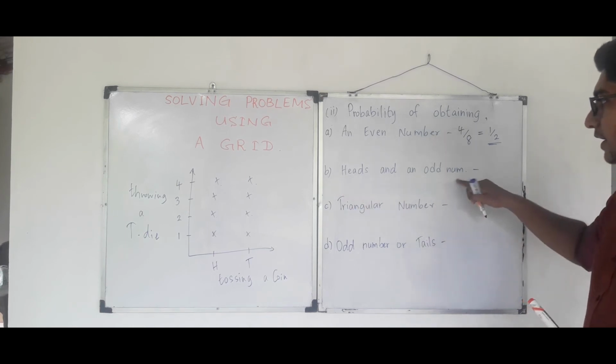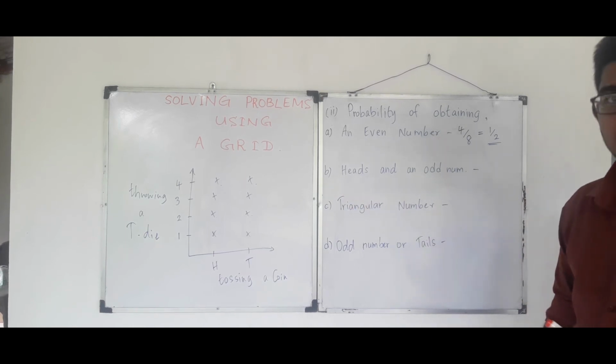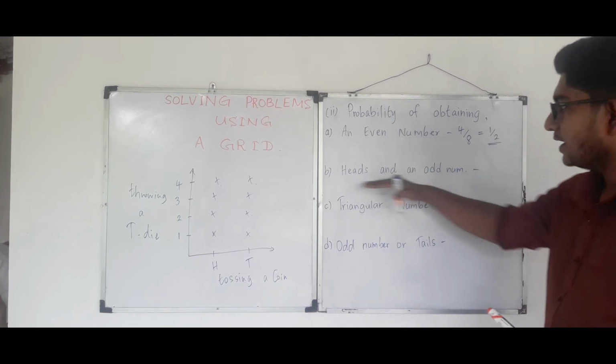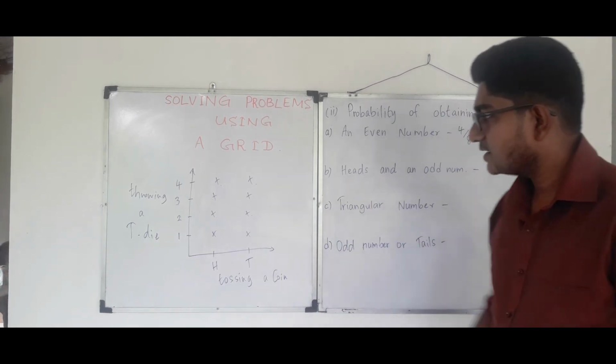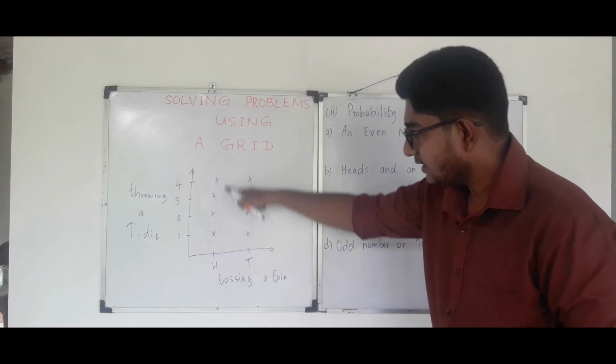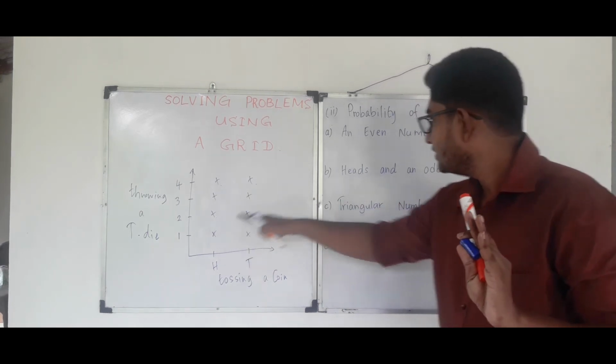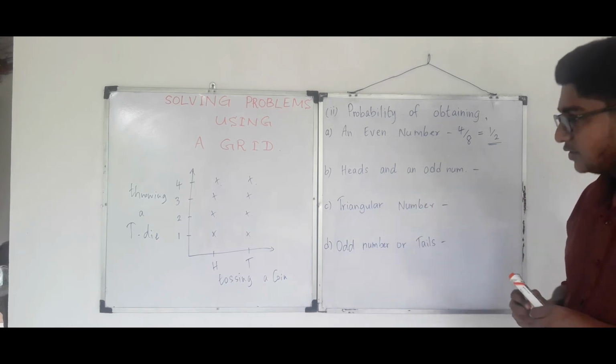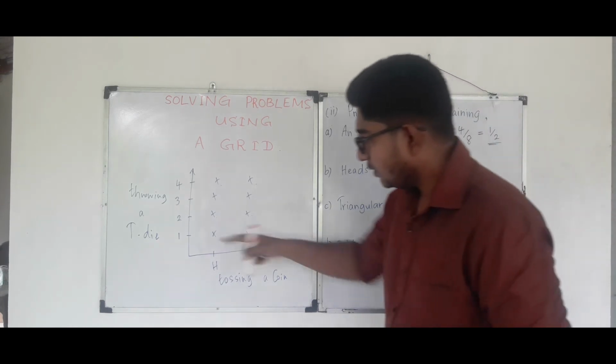B. Heads and an odd number. Here they have given both axes. Heads in this axis, that means I have to select these crosses, but they should be odd numbers. So what are the odd numbers? 1 and 3.